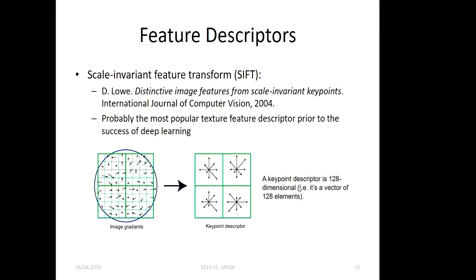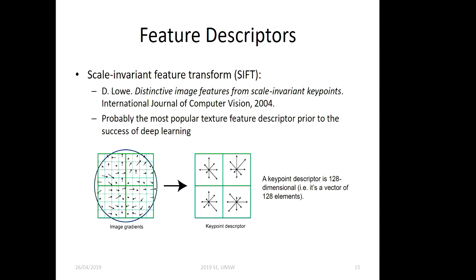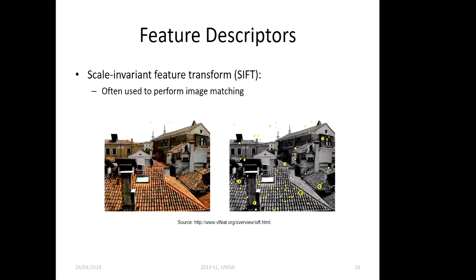That's a SIFT descriptor, and it will be 128 dimensions. 128 dimensions means you have a vector that has 128 elements. So that's a very brief view of SIFT. It is actually much more complicated, but I just want you to understand it is essentially about gradients and some histogram computation about these gradients.